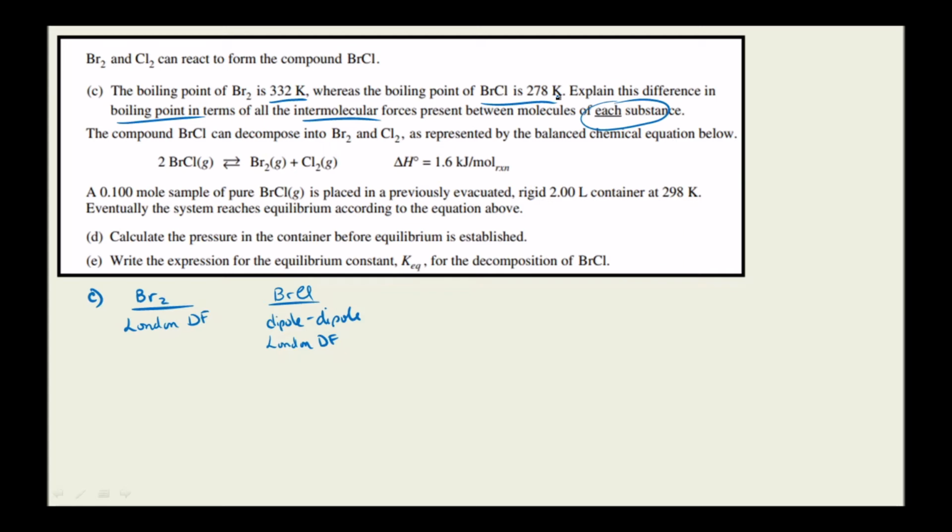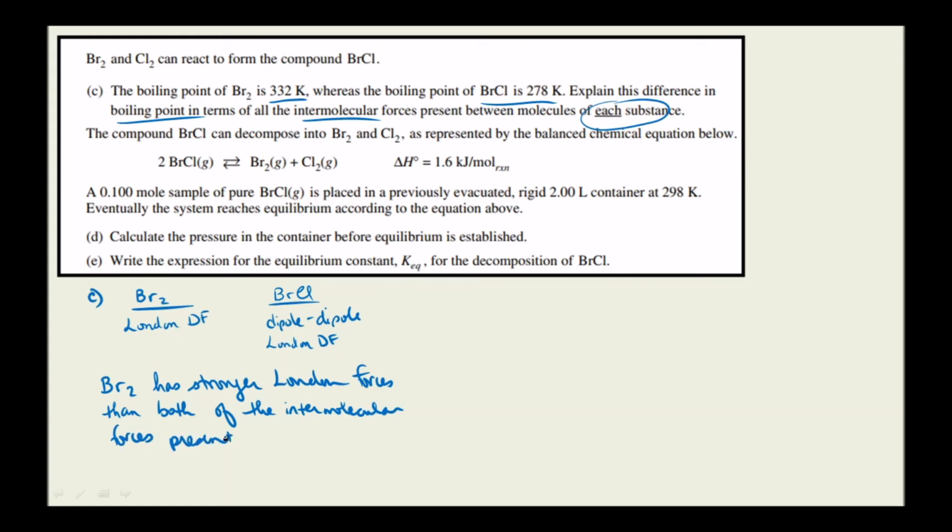But based on these numbers, we can say that Br2 has stronger London forces than both of the intermolecular forces present in bromine monochloride. The higher boiling point of Br2 shows that the intermolecular forces in Br2 are stronger than the combination of all of the intermolecular forces in BrCl, right?